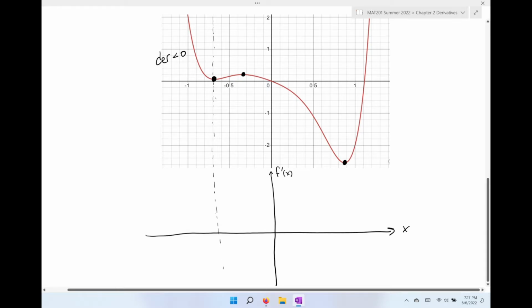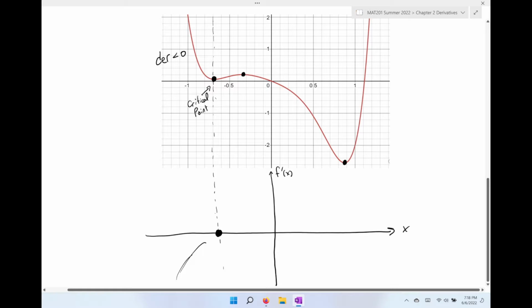At that point, my derivative equals 0. Everywhere to the left of this critical point, notice all my slopes are negative, which means they're all going to be down here.